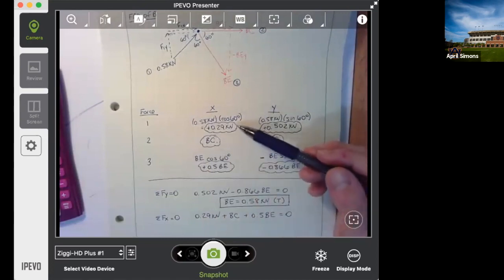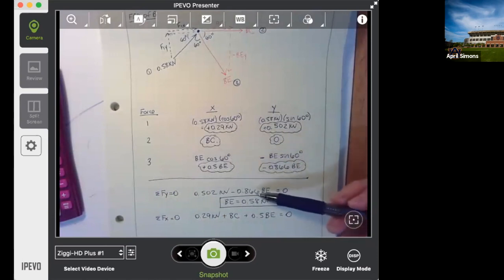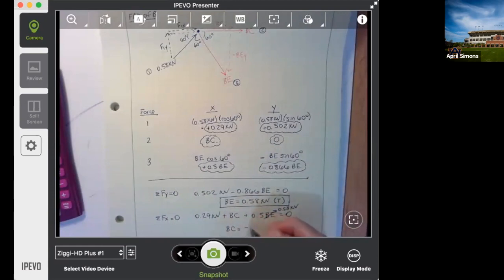So just summing everything in our X column here. We've already solved for BE, so we'll substitute in 0.58 kilonewtons for BE. And solving for BC, we get BC is equal to negative 0.58 kilonewtons. Negative means compression.